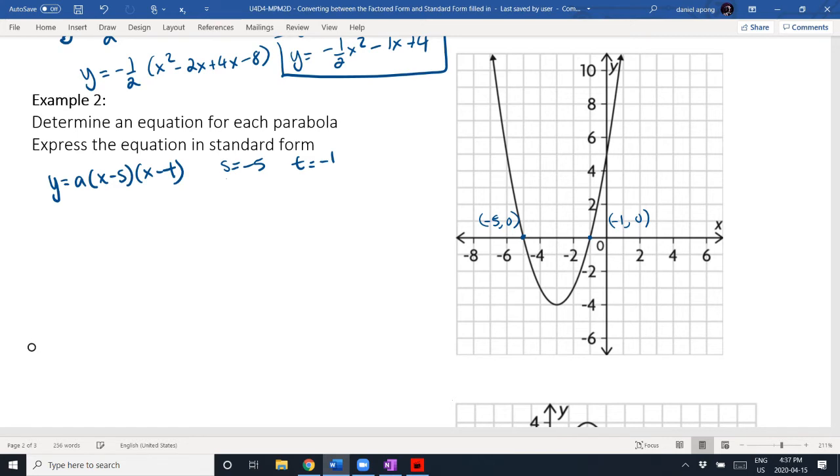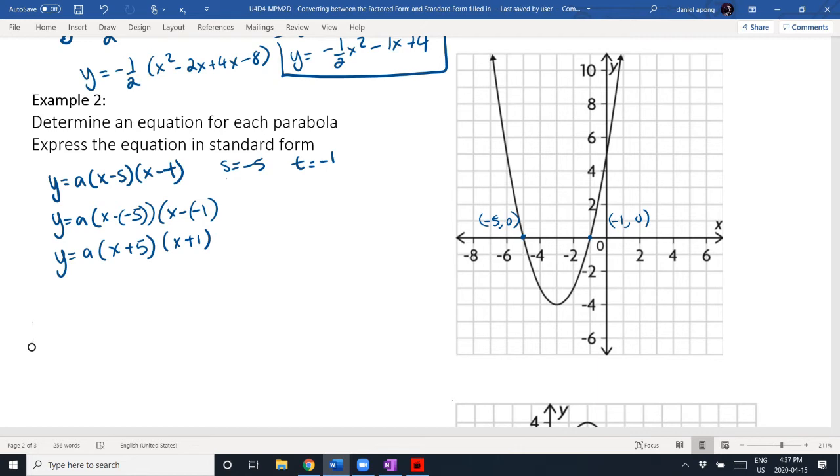So let's fill this bracket in here. So we have y is equal to a, x minus negative 5, x minus negative 1, and then we know when we have those double minus signs we can clean that up, simplify that. So x plus 5 and then x plus 1.